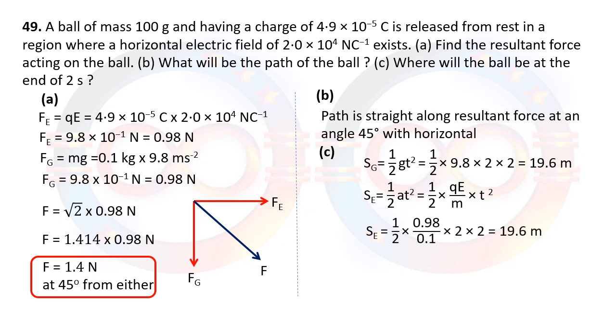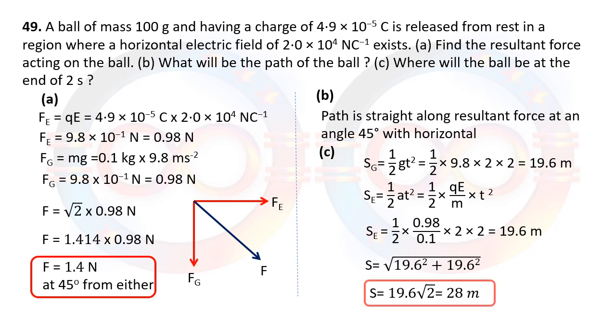Then due to the electrostatic force, again the same distance, 19.6 meter. So if we want to find the net displacement, again a vector sum, and it will be root 2 into 19.6, or 27.7 meter, or roughly around 28 meter would be the answer of this particular question.